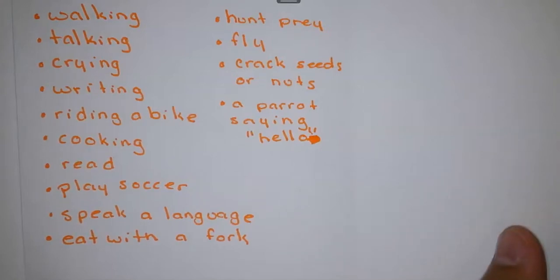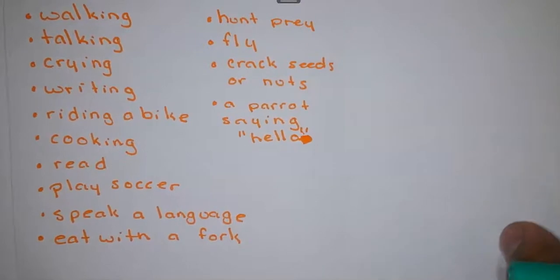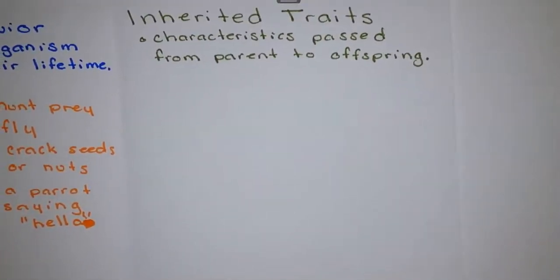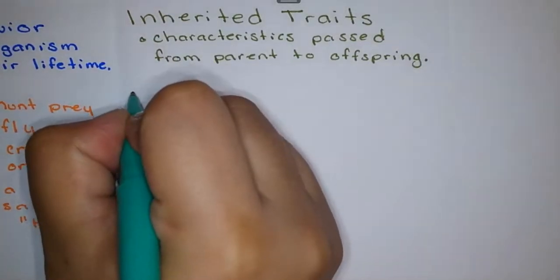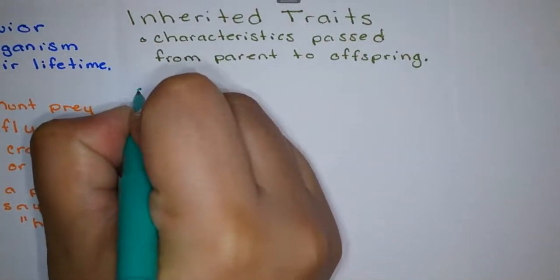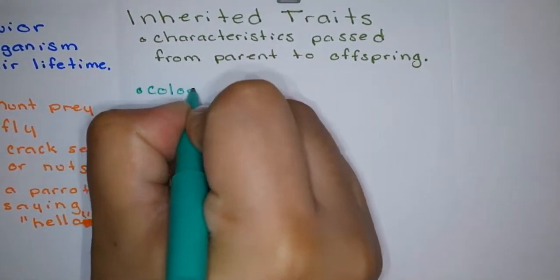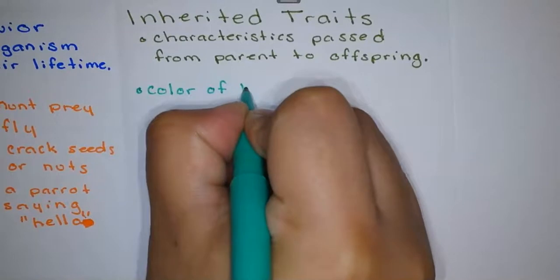And now for our inherited traits. These are characteristics passed on from a parent to the offspring. In humans, there are many, such as the color of hair.